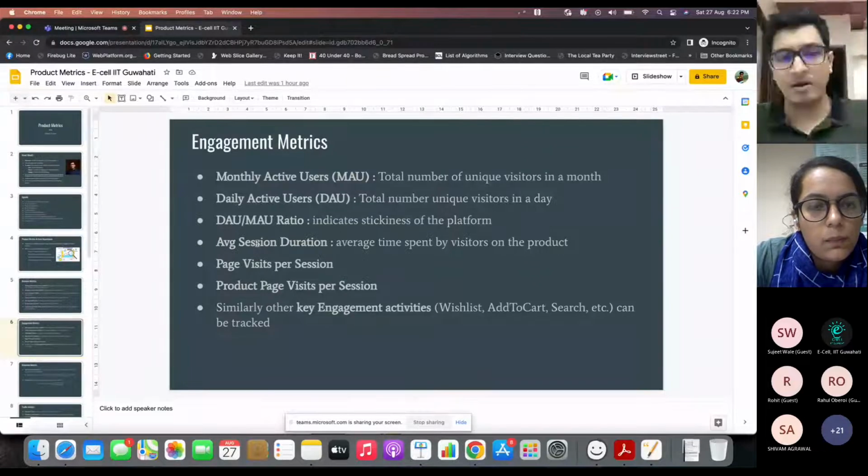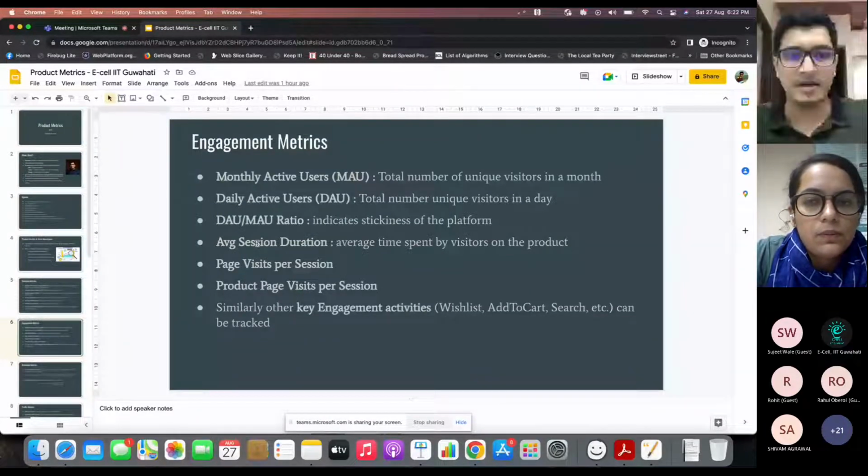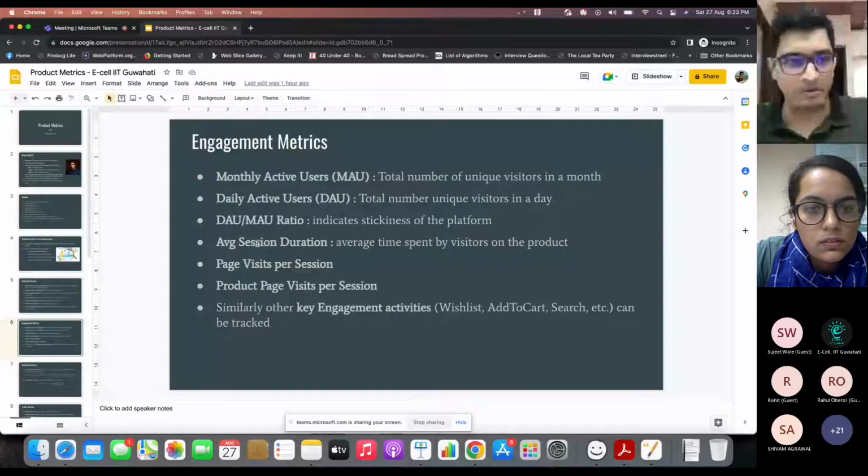Or for an e-commerce company, it might not be that critical to track as a metric, because you may want the customer to find the product they are looking for as quickly as possible and just convert.